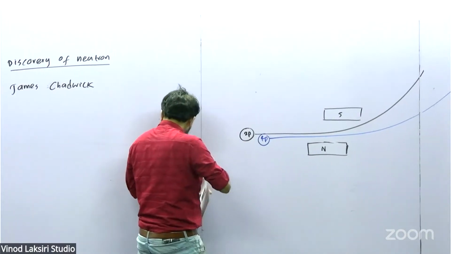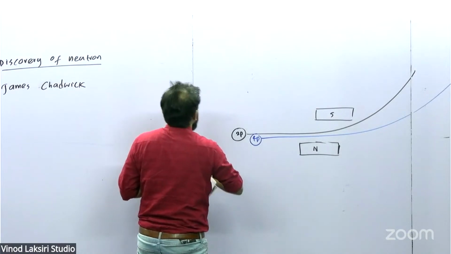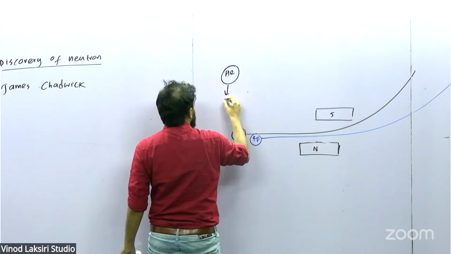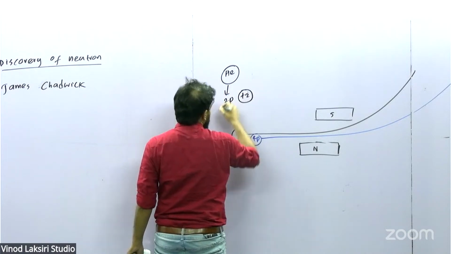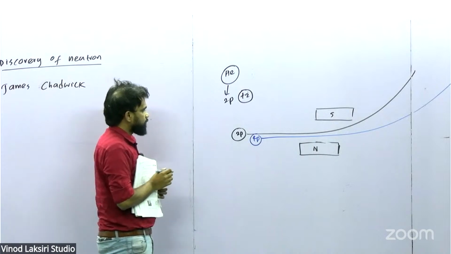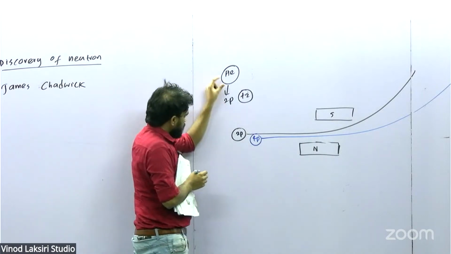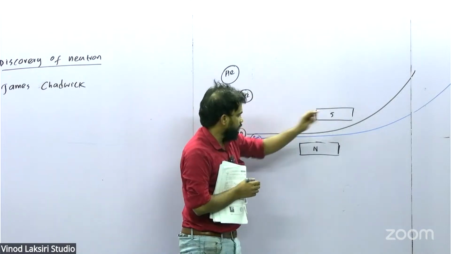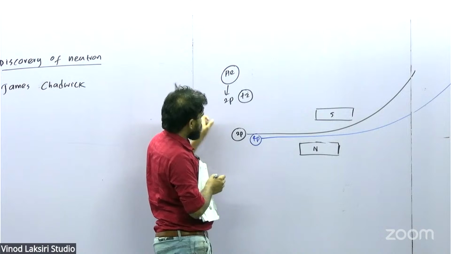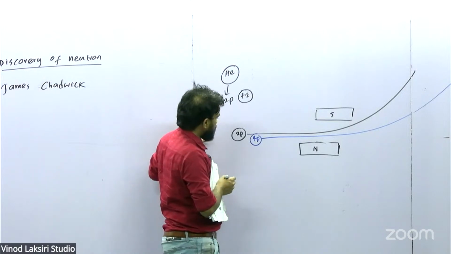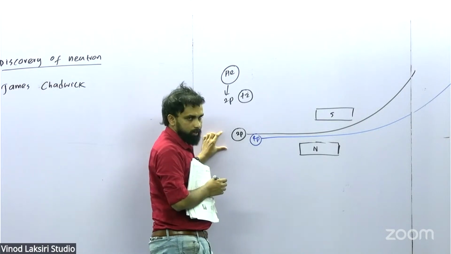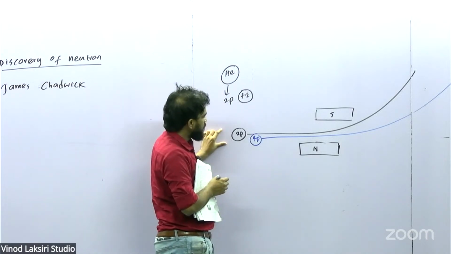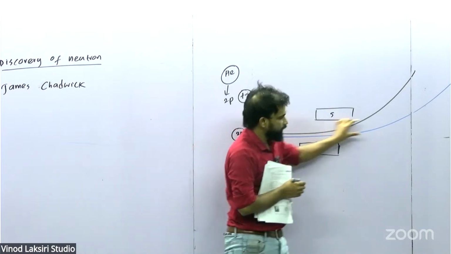And scientists found that in helium gas there are 2 protons, therefore the charge is +2. Then what they did, they used the helium gas in a cathode ray tube. Inside that cathode ray tube, helium gas is used, and the positive ray produced by helium gas passes through this magnetic field.